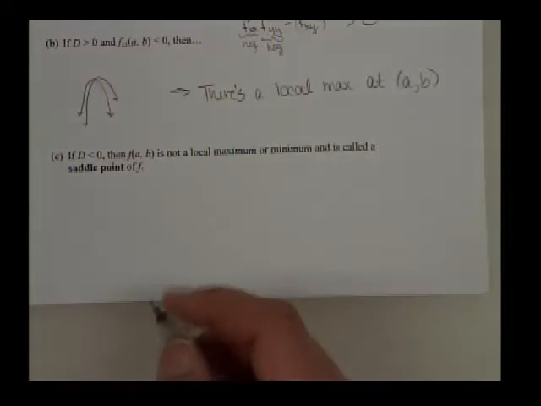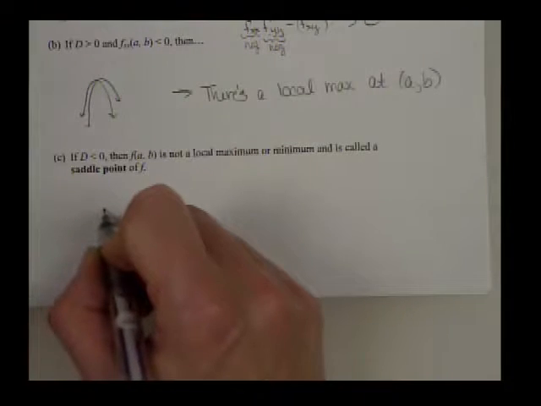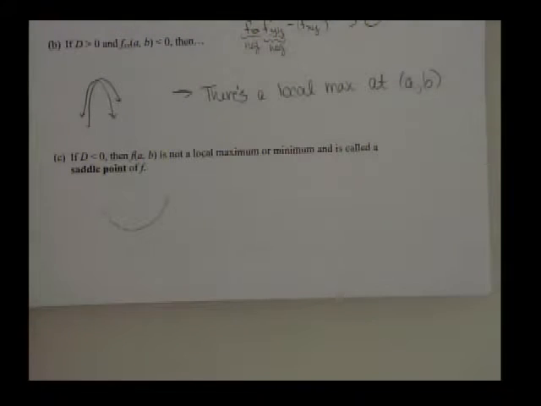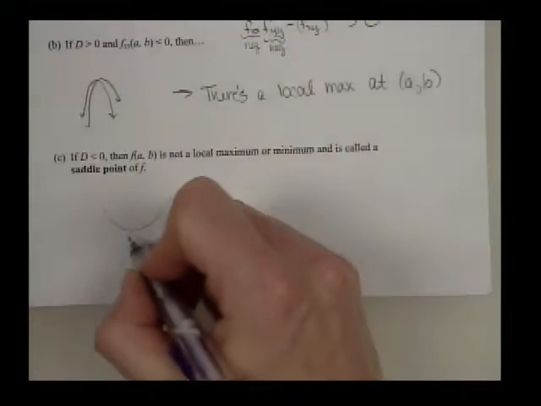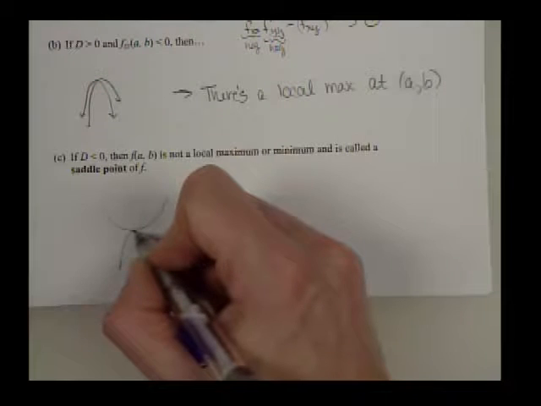So if one is positive and one is negative, think in the x direction, it's concave up, or I guess that would be parallel to the y. And then in the other direction, it's concave down.